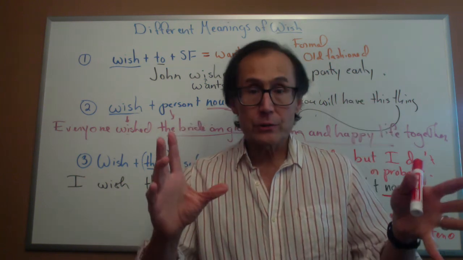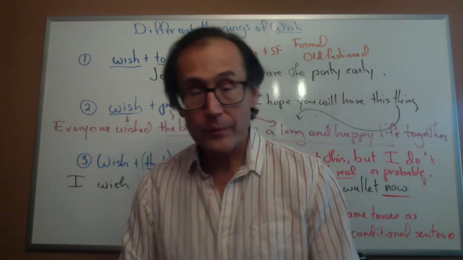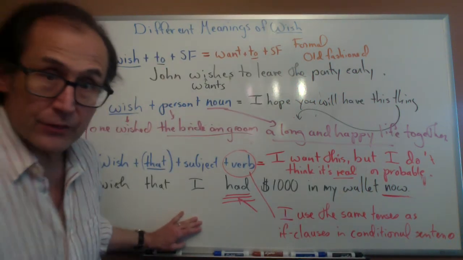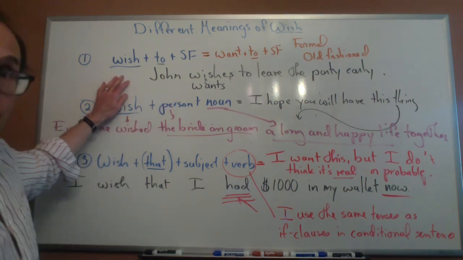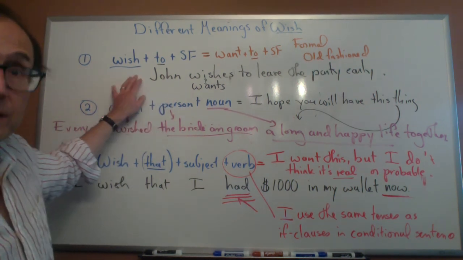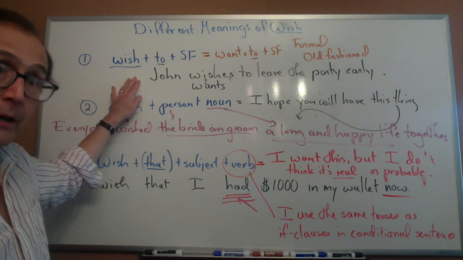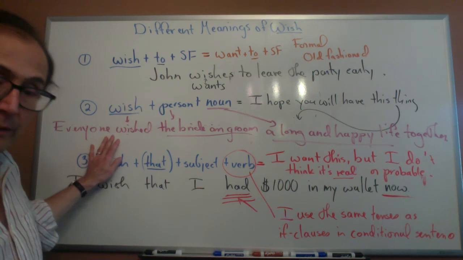What I want you to learn from this video is this. I've got 3 different meanings of wish as a verb. This one is probable. Like, John wishes to leave the party. It's really possible. He may leave the party. This one is also possible.